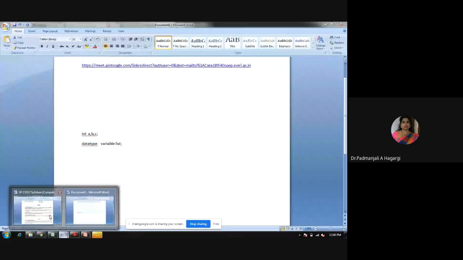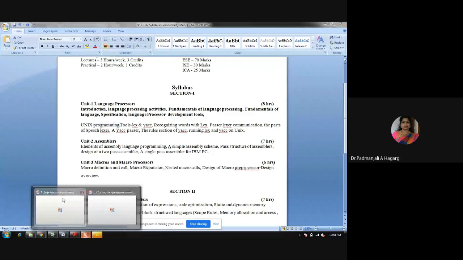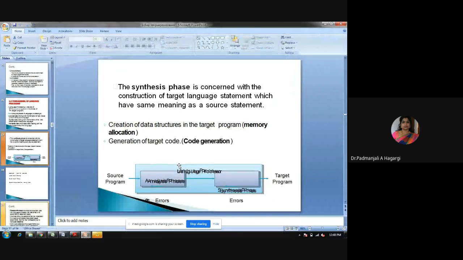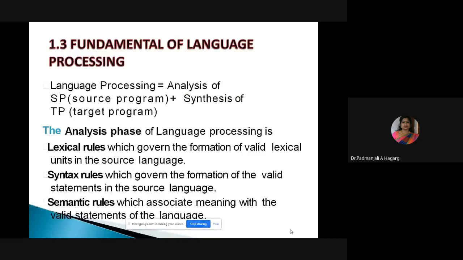What are these three components? The three components which I have shown here. Any language should have its own rules: language analysis, lexical rule, syntax rule, semantic rule.